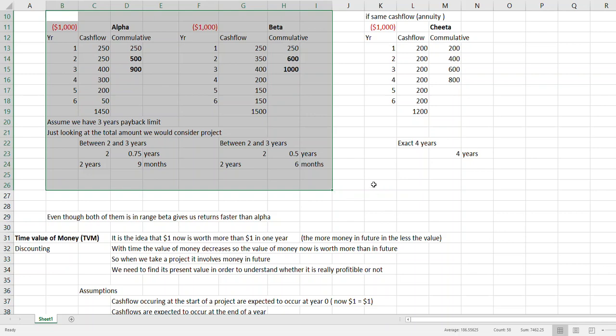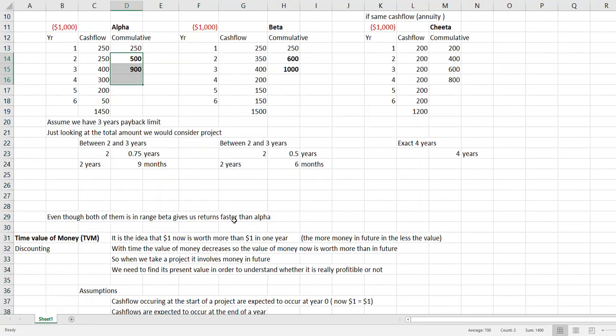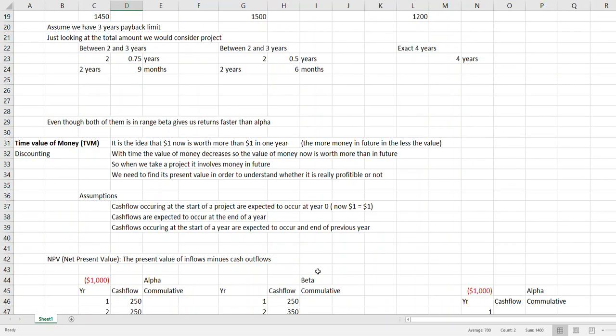Now, in payback period, we talked about the money that we receive. But remember, there is idea called time value of money, or TVM. Time value of money says when you have money received from project in the future, the value of that money reduces.